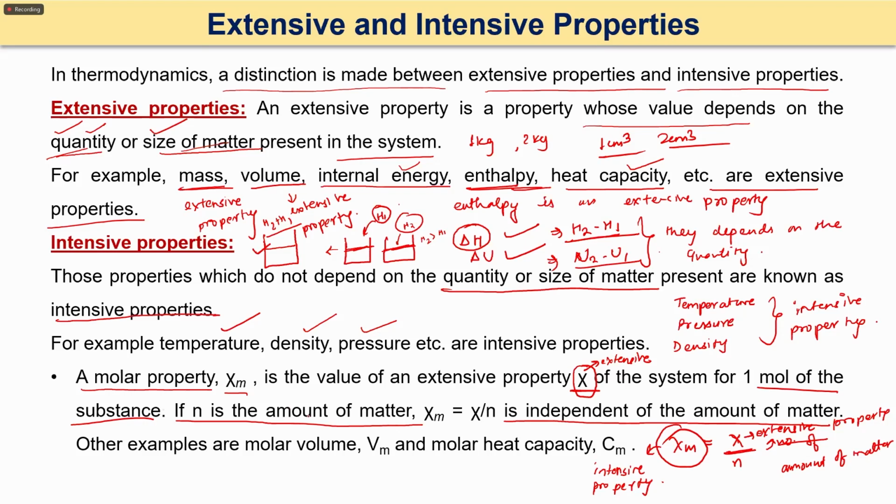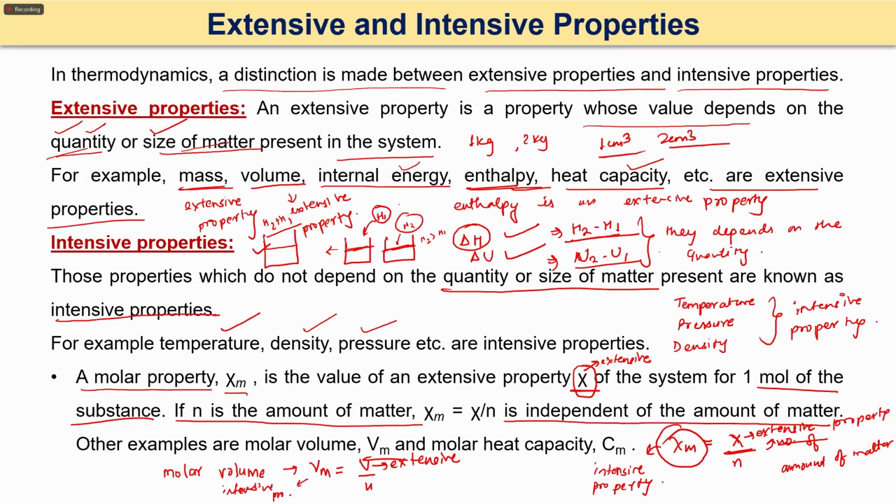For example, molar volume, which is denoted by Vm. Vm is nothing but V by n. We know that volume is an extensive property. If we divide it by n, taking volume per mole, then it becomes independent of the amount of matter, so molar volume is an intensive property.